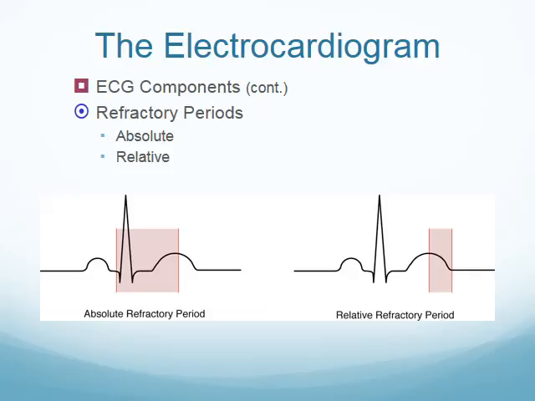So we don't have a regular heart rate. We have premature ventricular contractions, premature atrial contractions, premature junctional contractions. There are a lot of premature beats that can occur. So we have two refractory periods during a single heartbeat. We have the absolute refractory period and we have the relative refractory period.